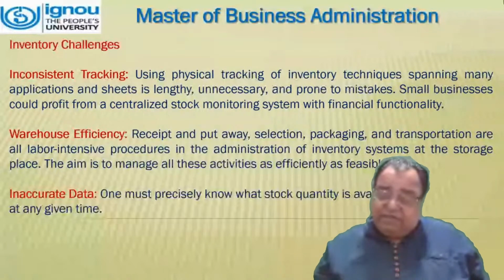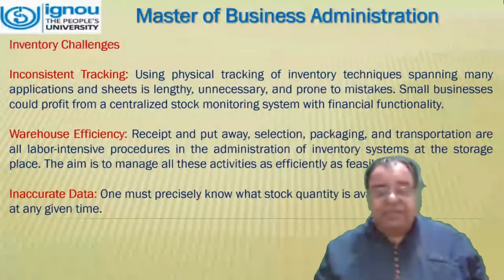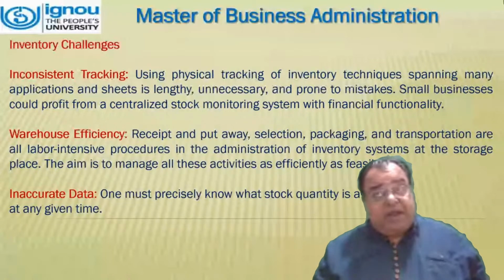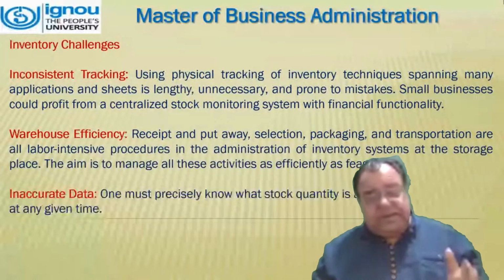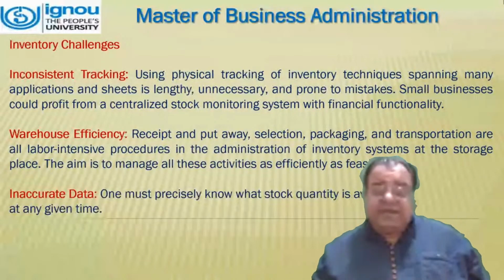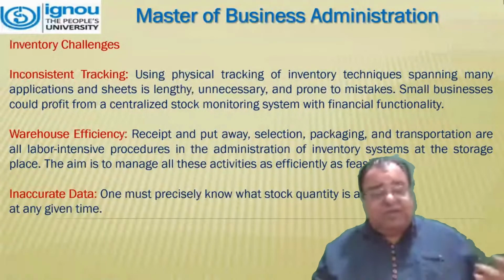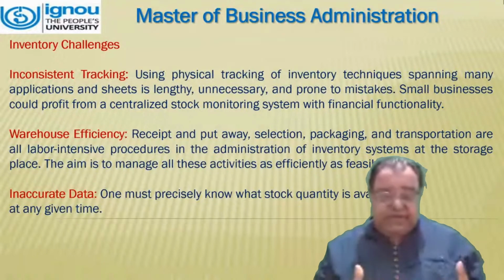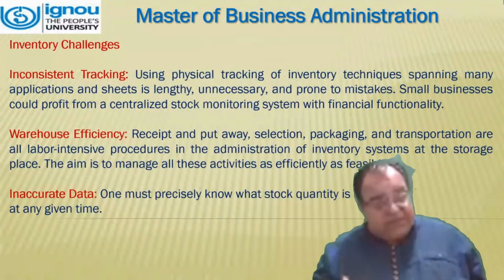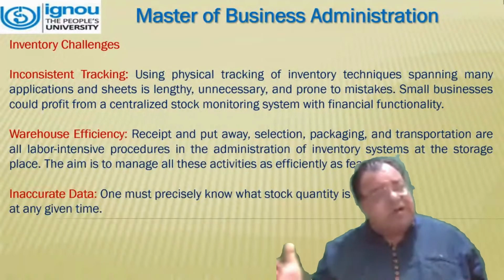Financial functionalities, warehouse efficiency, receipt and collection, packaging, and transportation are all labor intensive procedures in the administration of inventory systems. At the storage, the aim is to manage all these activities as efficiently as possible.